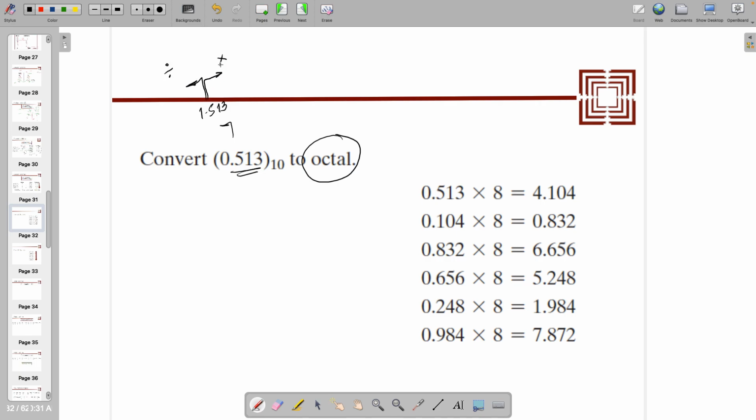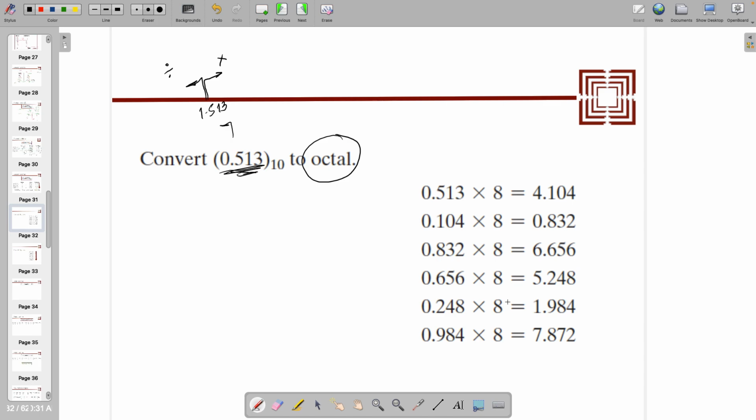It's the opposite of the one which you studied from any system to decimal, where for the fraction side you have to divide, and for the integer side you have to multiply. So in this case, it's the reverse of that, right? So 0.513 you have to multiply with 8 constantly.